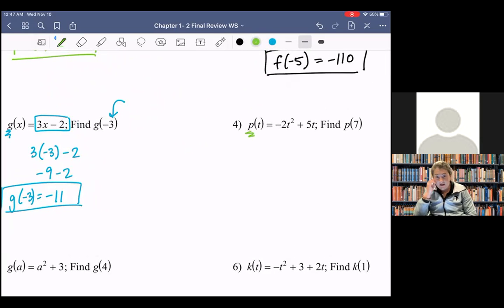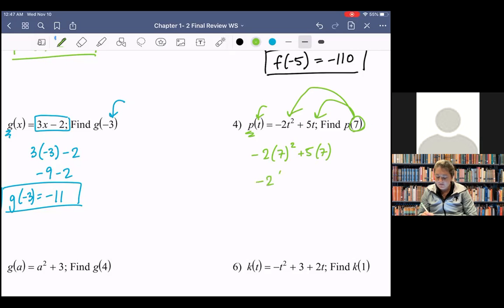Okay, let's look at number 4. This function's name is p. Maybe this is a function for price of tomatoes. I don't know, because they're using t again. And they gave us 7, so they want us to plug in 7 everywhere that there is a t. So I'm going to say -2 times 7 squared plus 5 times 7. Order of operations tells me to do the 7 squared first.